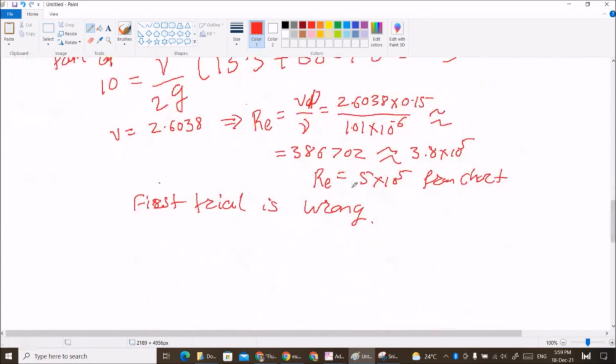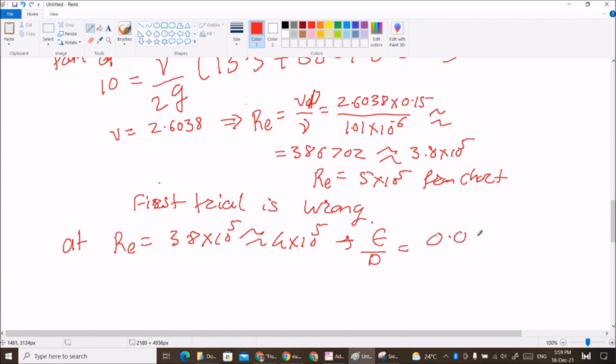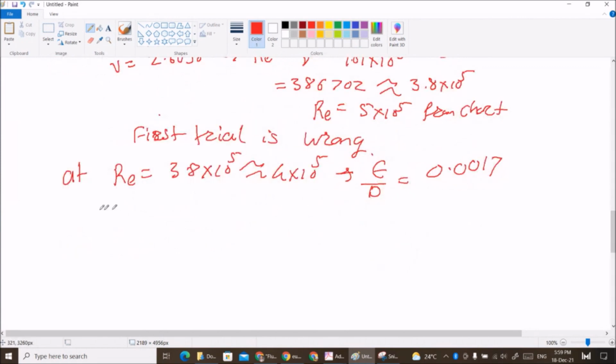So from this Reynolds number we will find the friction factor from the chart. At Re equal to 3.8 into 10 to the power 5, around 4 into 10 to the power 5, and epsilon by D equal to 0.0017, we will find f from the chart.